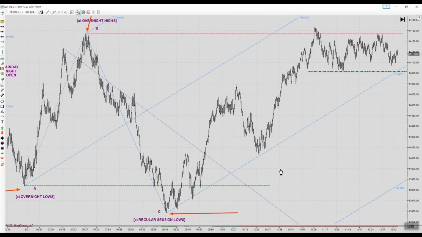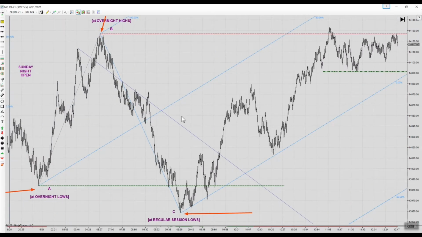So as we zoom here on Monday, notice that after the opening bell here, 9:30, price finds the lows around 13,960, and then a relatively steep or deliberate climb in the morning session until about 11 o'clock, where we challenged the overnight highs.